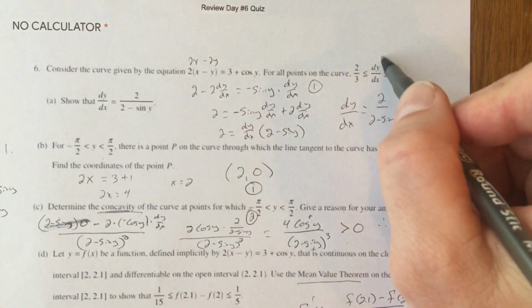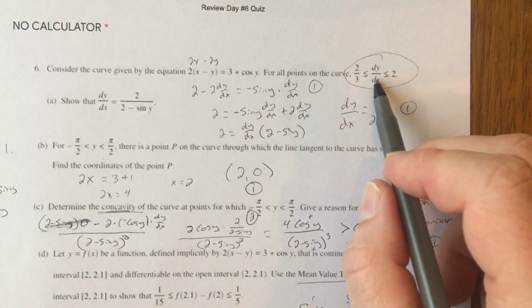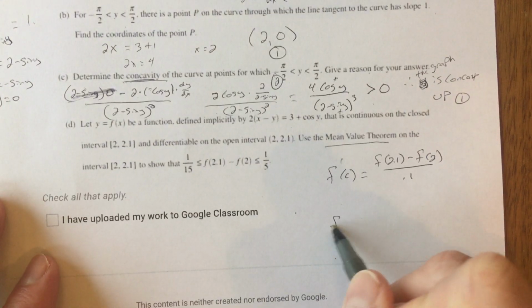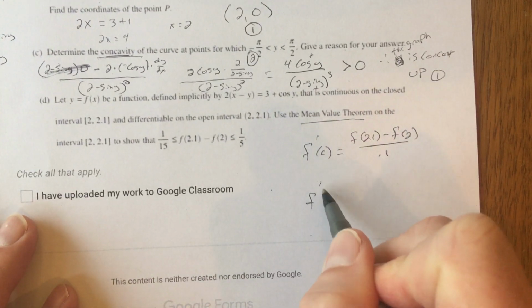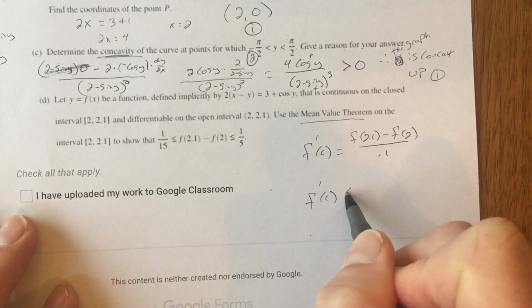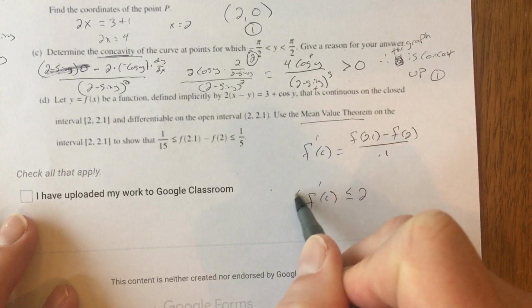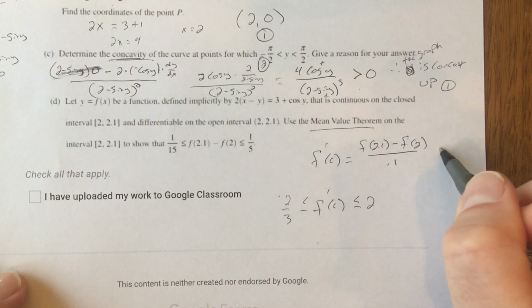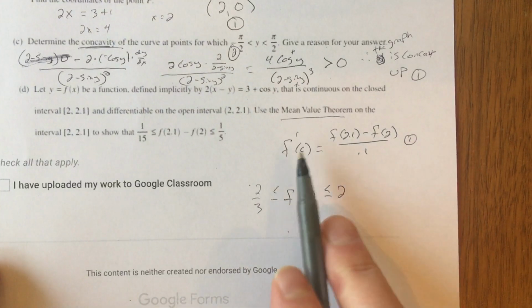Then we're also told, back at the beginning, and this is where it comes in, that the derivative is always between 2/3 and 2. So any derivative has to be between 2/3 and 2. Here's the deal. They gave you a point if you at least wrote down the mean value theorem.